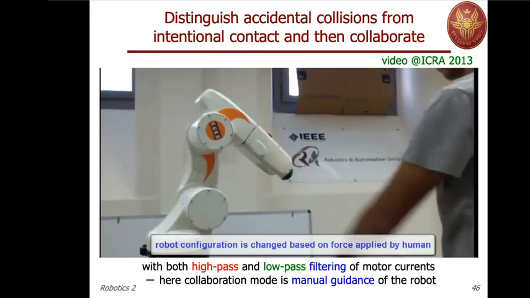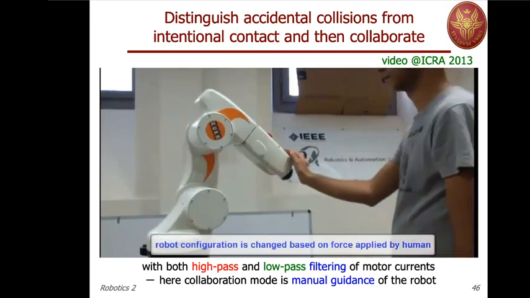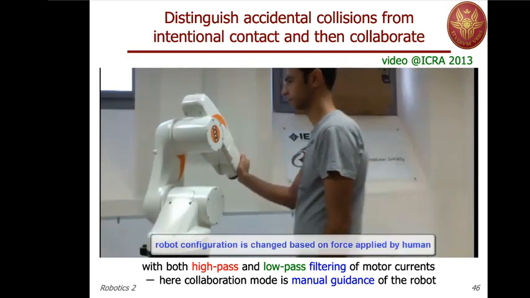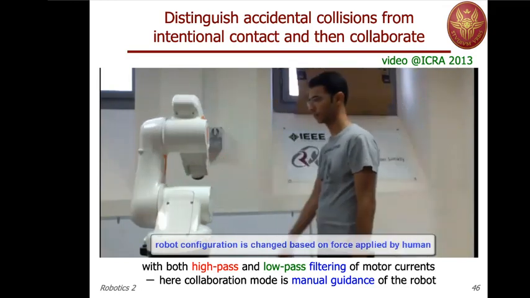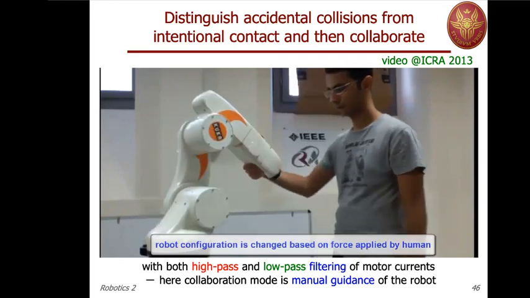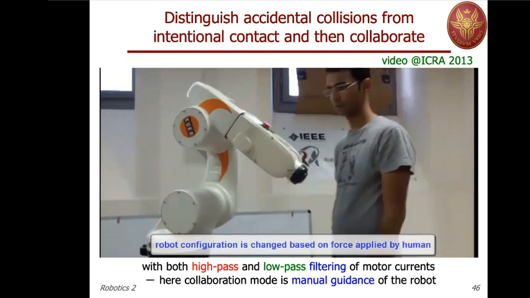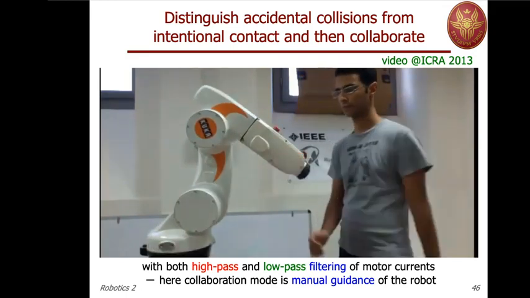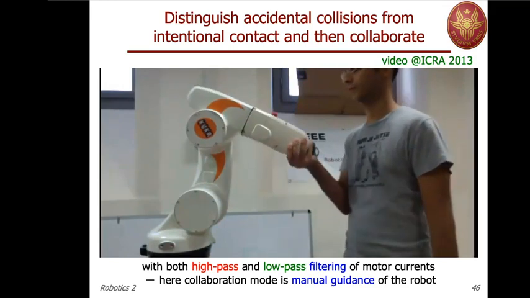and starts being ready for collaboration. Now in this collaboration there's a manual guidance, so the robot will follow the push of the user, whatever direction. Remember that in this modality the robot is working in its regular modality, so it's not a special mode.